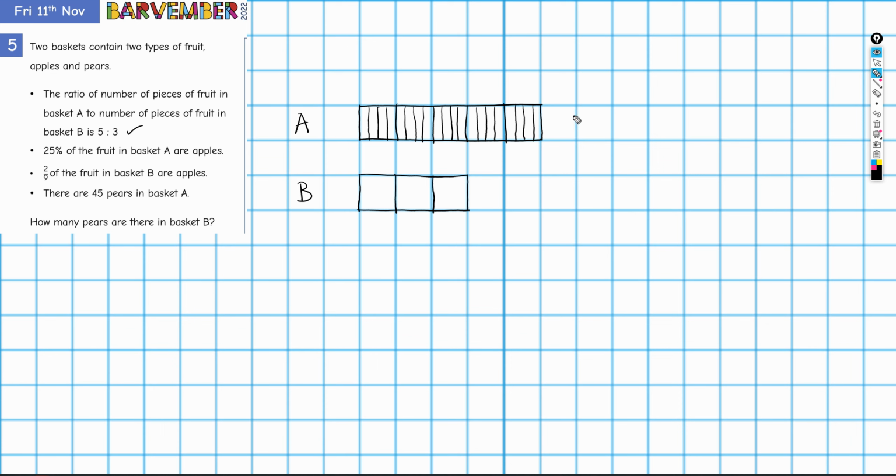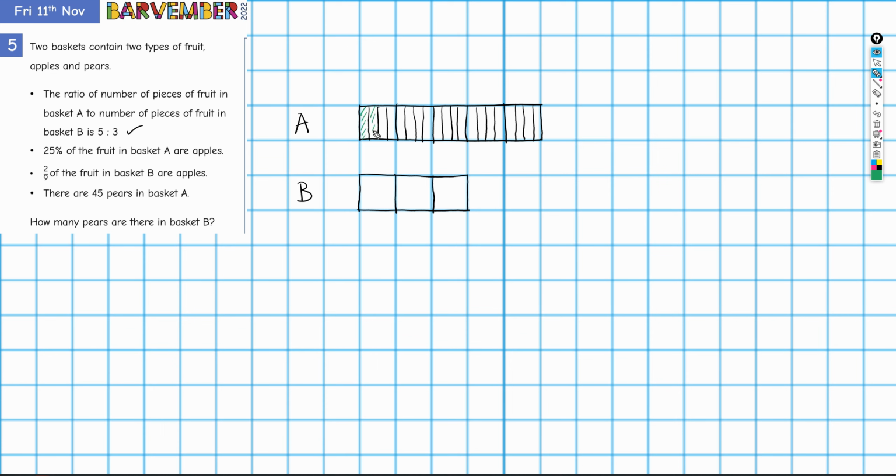Okay, so what do I have here now? Well, now I have 20 smaller parts here. And we're told that 25% of the fruit in basket A are apples. So that's going to be 5 of the parts. And I'm guessing I might as well use green. Although I suppose I could have used red, but there we go.